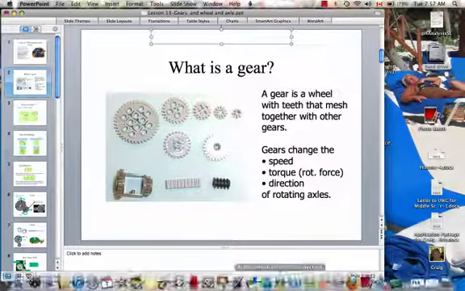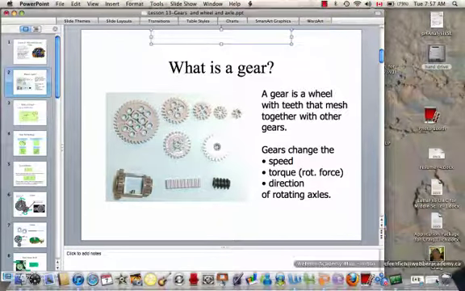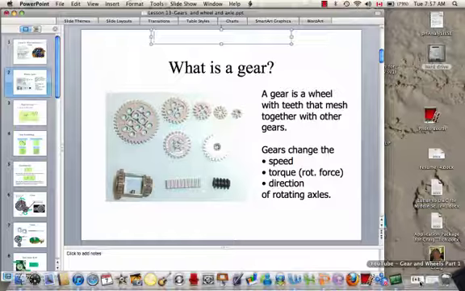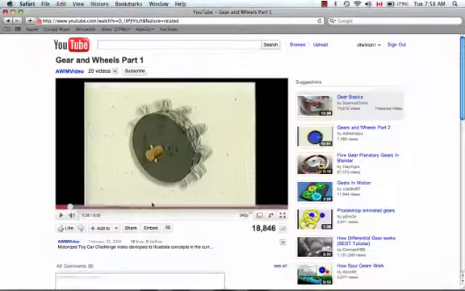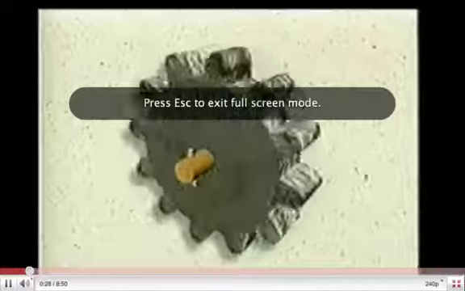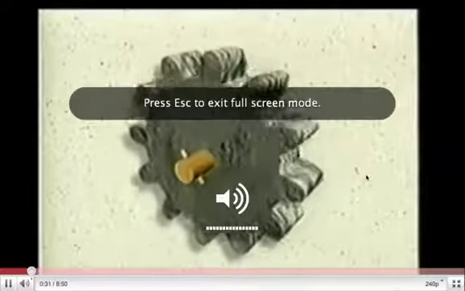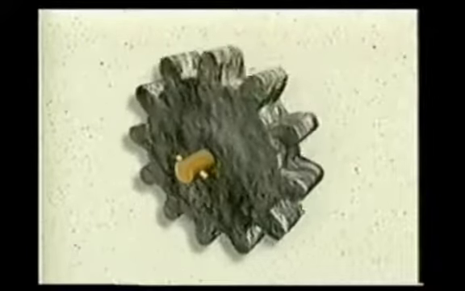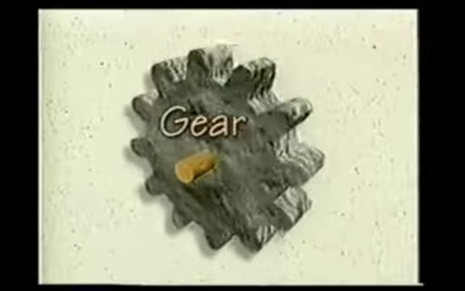Let's look at a quick little clip about gears before we end. Possible uses for the wheel. We call a toothed wheel a gear.